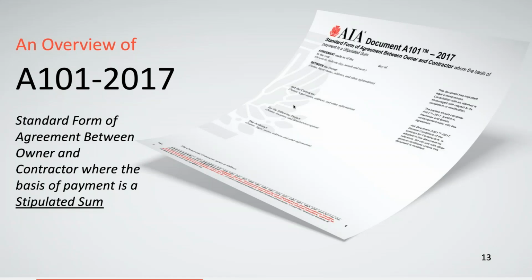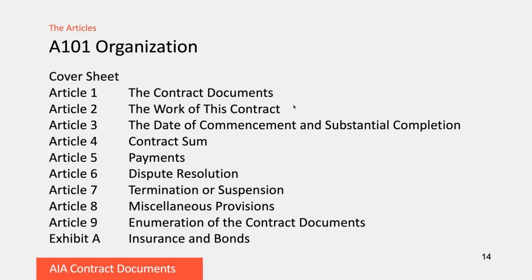So we're going to look at the A101 specifically. Like we said, there are other versions, but this is the most common, and this will allow us to hit all of the elements, or most of the elements that are in any of the other documents. The way it's organized is, first, there is a description of the contract documents, what's included there.